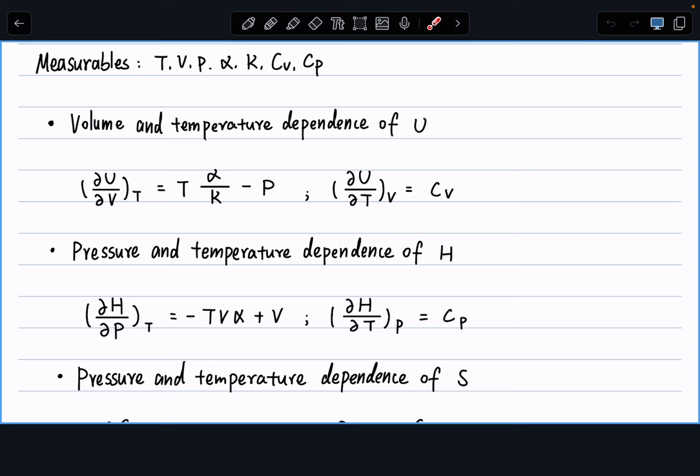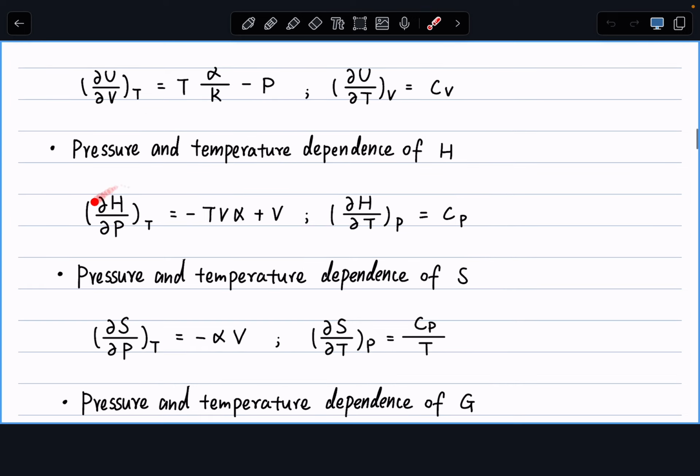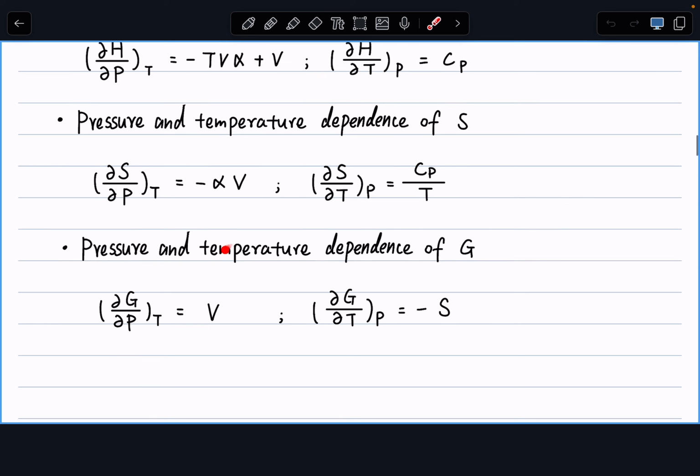The change of internal energy with respect to temperature at constant volume is just Cv. Doing the same kind of derivation, you can get the pressure dependence of enthalpy and the temperature dependence of enthalpy. And then we also have the pressure and temperature dependence of entropy and Gibbs free energy.